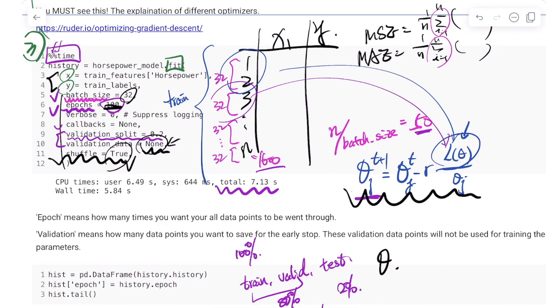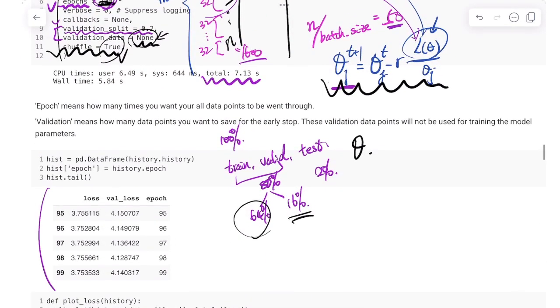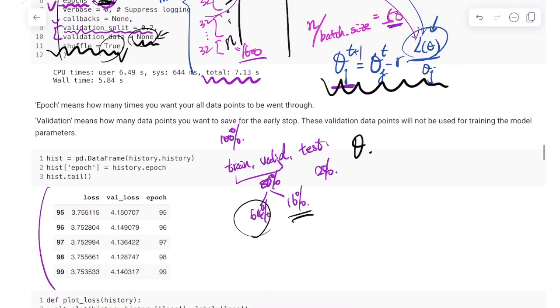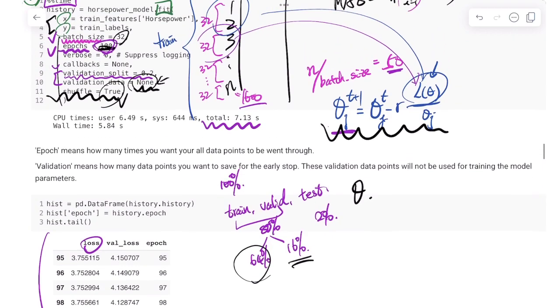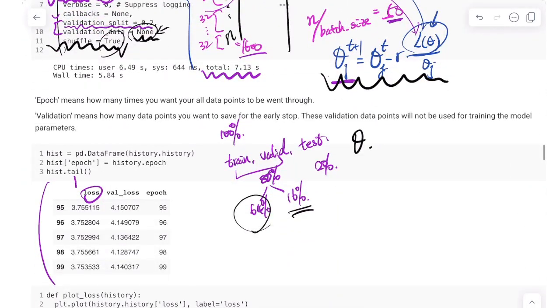We have 100 epochs, and it takes some time. After that, we can output the information of each epoch, and we can see the loss right here, that is MAE.